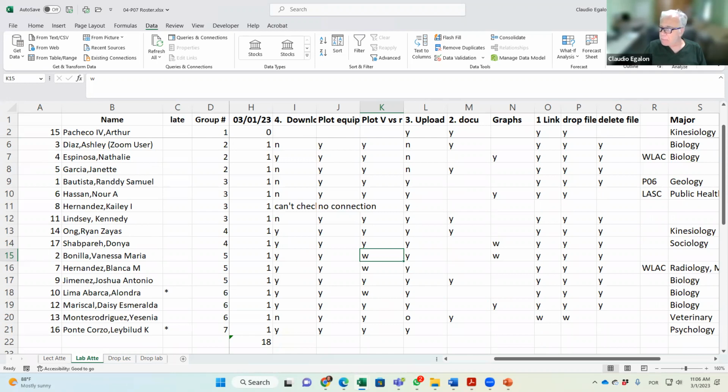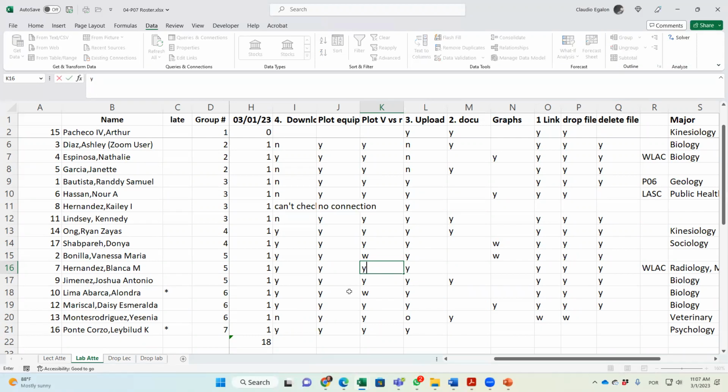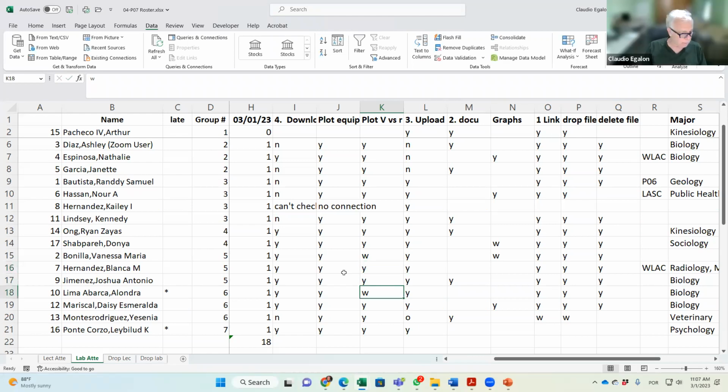And Vanessa Bonilla? I can't hear anything from Vanessa. Let's go for Blanca Hernandez. You finished the second plot? That's good. Any questions, Blanca? No. Alondra, did you finish the second plot?